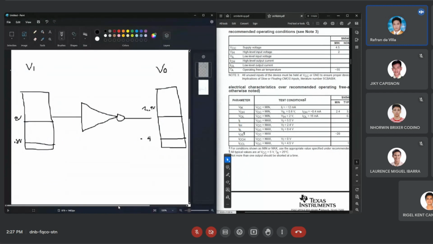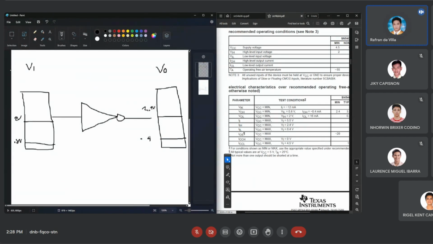A range is given, with a set maximum or minimum voltage. And if we look at the design of our inverter, it really makes sense. Saying that your inverter is capable of generating an output voltage of 2.4, that is the minimum, there is no problem if you connect it to another inverter.